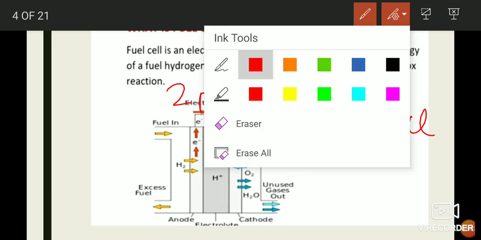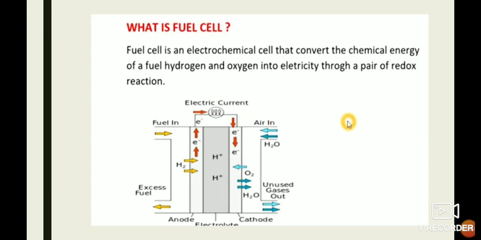Then the main part of the topic: the fuel cell. A fuel cell is an electrochemical cell that converts the chemical energy of a fuel, often hydrogen, and an oxidizing agent, often oxygen, into electricity through a pair of redox reactions.